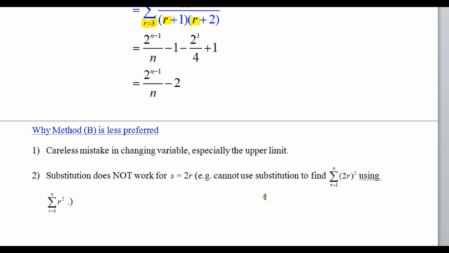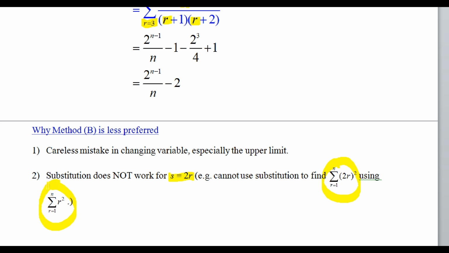Second one, you realize that substitution doesn't work for changing variable where the coefficient of r is not 1. What do I mean? If you do this substitution and you want to find this expression using this, you realize that substitution does not work.